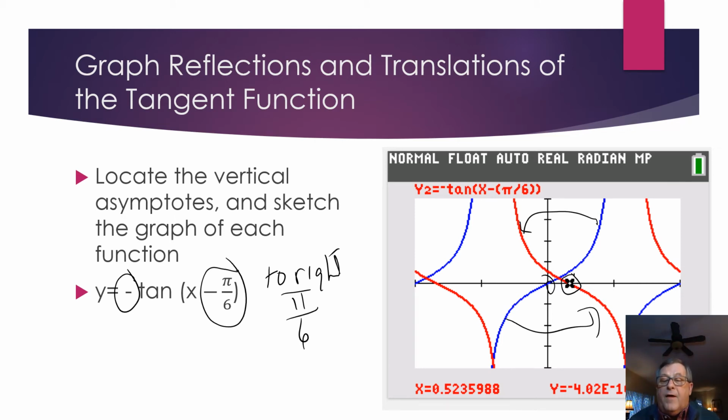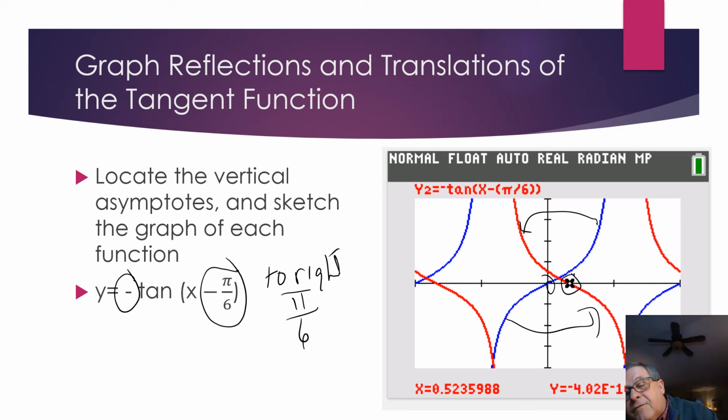And I used the find-the-intercept value in the calc function of my calculator to try to find the x. I was really focusing on the x coordinate of that intercept. Of course, you can see y is equal to negative 4.02 times 10 to the power of, that's double digits. So it's pretty close to zero, and it's not exact.